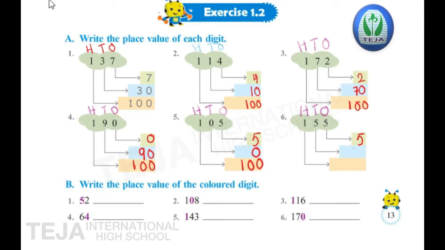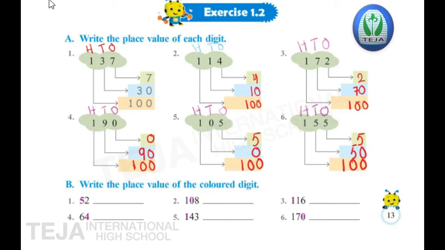So the value of 5 is 50. And here the 1 is in hundreds place. So the value of 1 is 100. And we will read this number as 155.